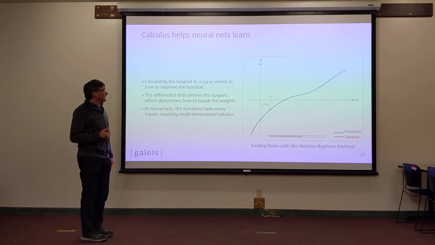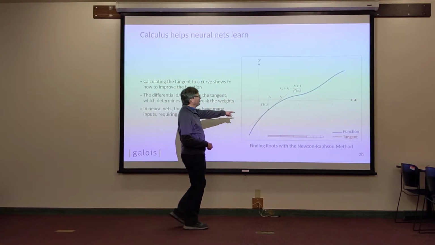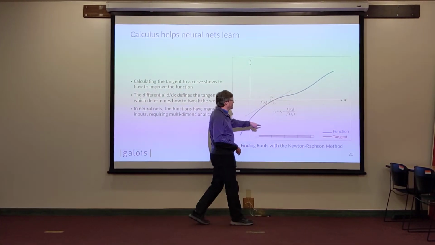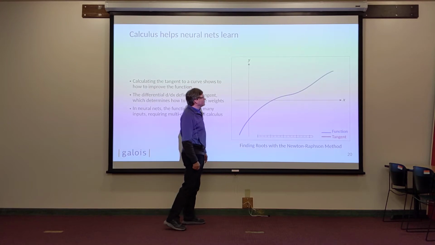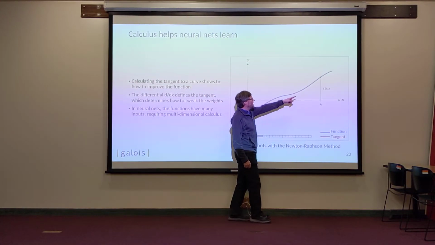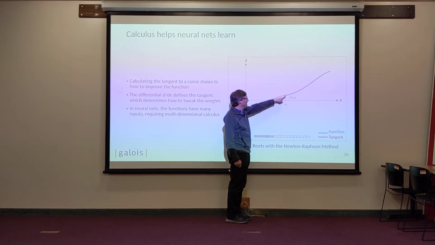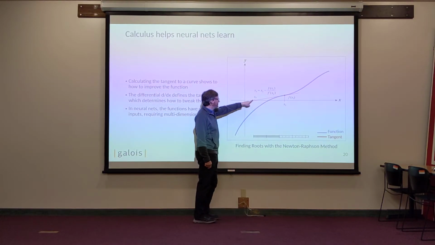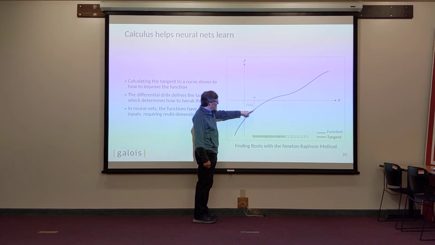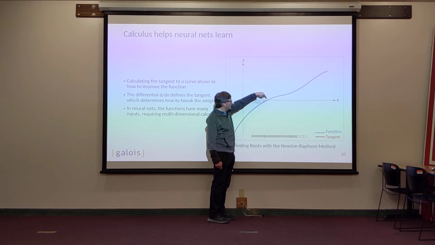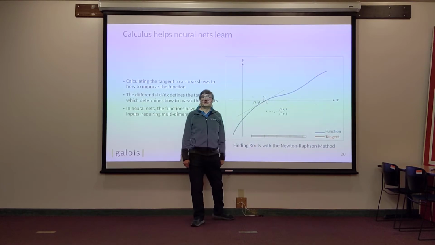So this is a technique where I've got a curve here, and I want to find where this curve crosses the axis. And so what you do is you start out at a place, and you draw the tangent to it. And that tells you to come to here. And then here you draw the tangent. Here you draw the tangent to it. And you see I'm getting closer and closer to this point.